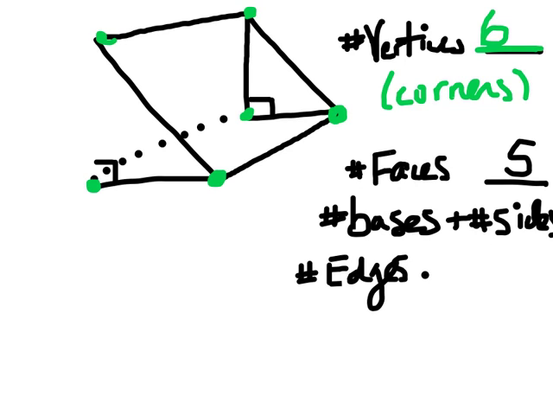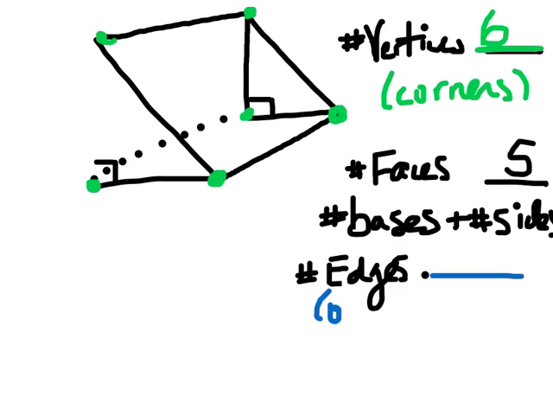The edges are like, let me draw on this figure, that's an edge, that's an edge, that's an edge, that's an edge. If you were to draw the figure, the number of lines it would take you to draw the figure is the number of edges. If you've already got it drawn, you can count it by outlining it.